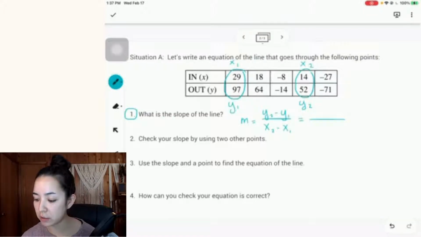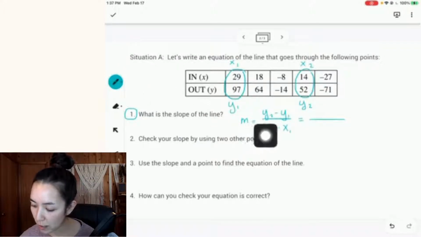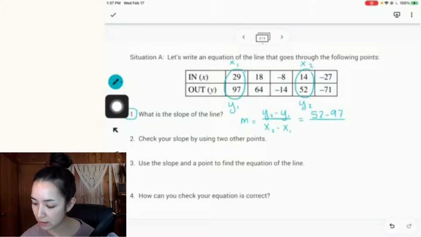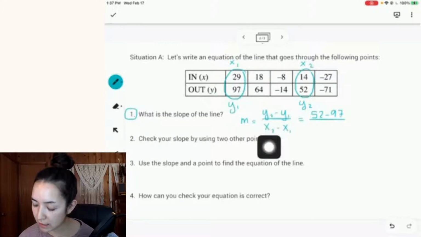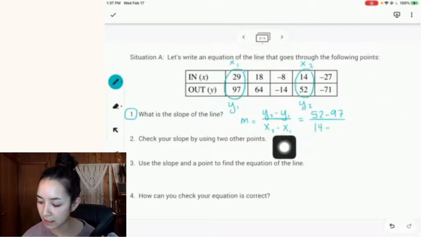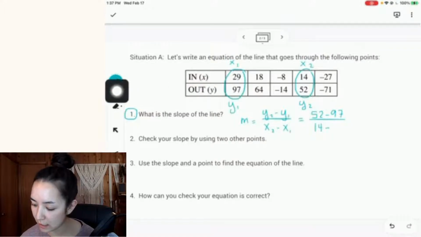So if I plug those points into our equation, y2 is 52 minus y1, which is 97, over x2 is 14 minus x1 is 29.